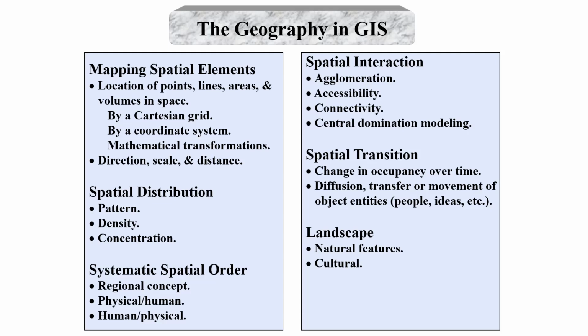For example, city pattern, countryside pattern or wetland pattern. These patterns can be distinguished by using remote sensing data or other data, and these patterns can be modeled. We can make models of these patterns using GIS.